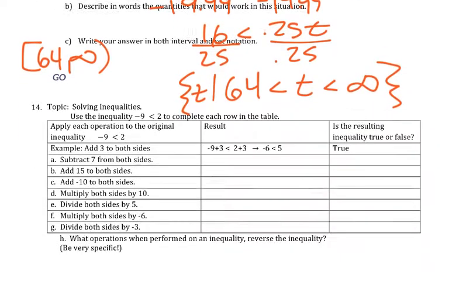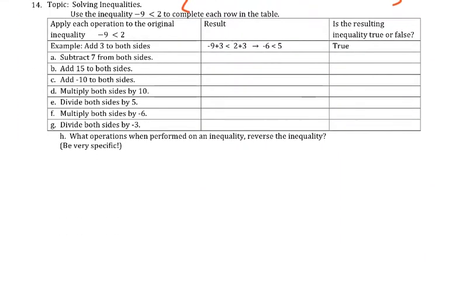Okay? All right. Now 14, we are going to do some addition, subtraction, multiplication to both sides of these inequalities. So we're applying each to this original -9 is less than 2.